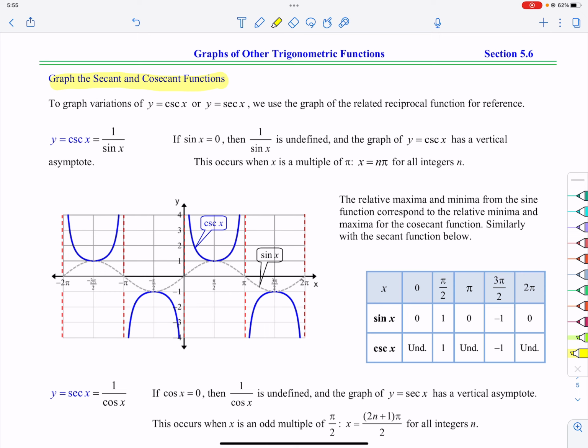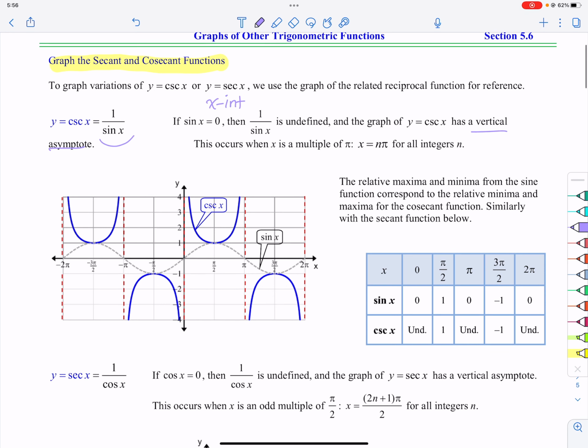Y equal to the cosecant of x is equal to the reciprocal of the sine function, 1 divided by the sine of x. So, where the sine of x is equal to 0, in other words, the x-intercepts of the sine of x become the vertical asymptotes of the cosecant of x.